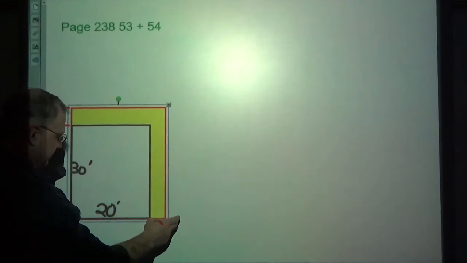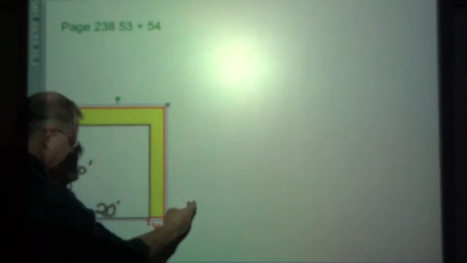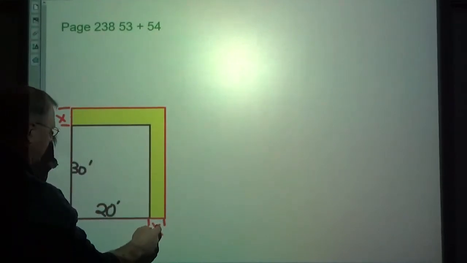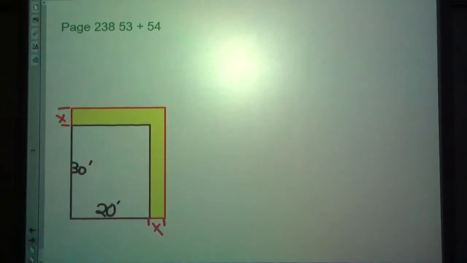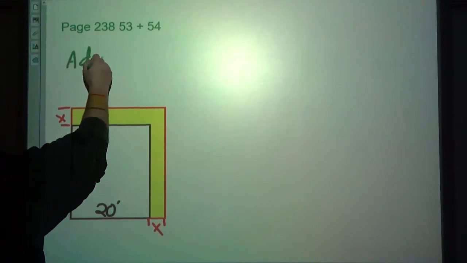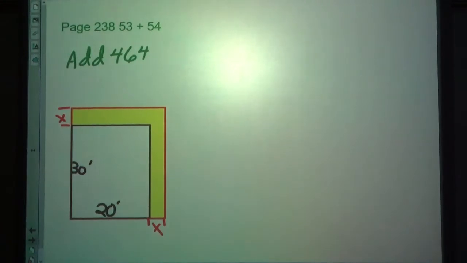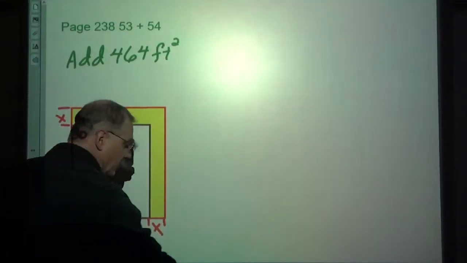That should be a little bit. Let's see if I can get it to do it. No, I guess I can't. Oh well. So add 464, I think it was. 464 square feet. That's what they want to add.